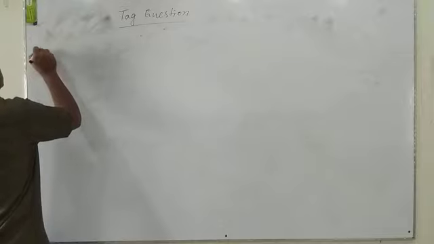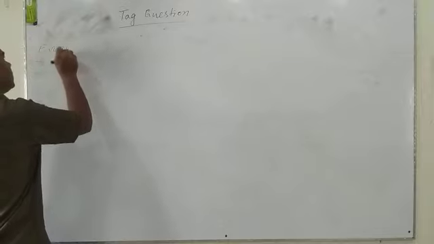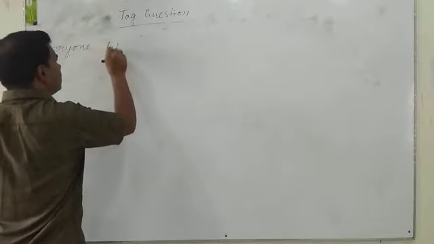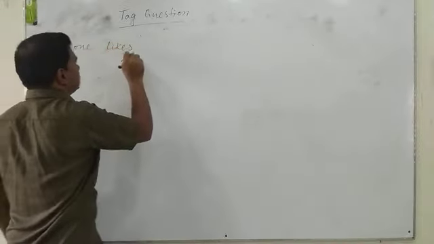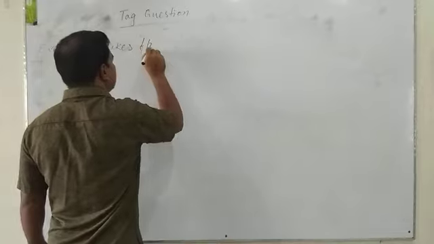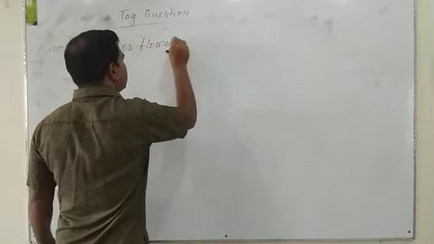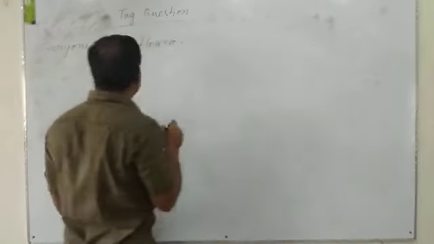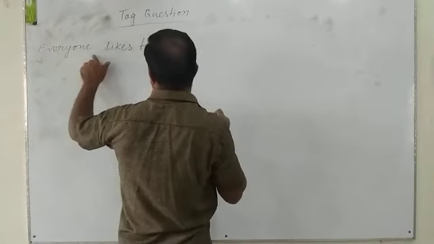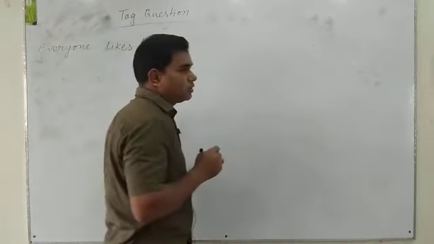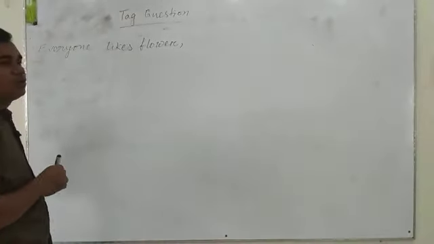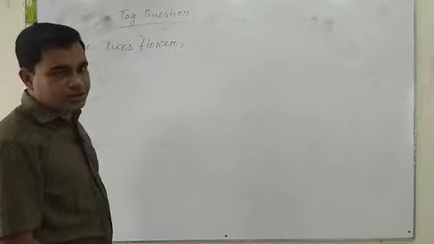For example, "Everyone likes flowers." We will use a comma, and then there is no auxiliary verb, so we have to use do, does or did.